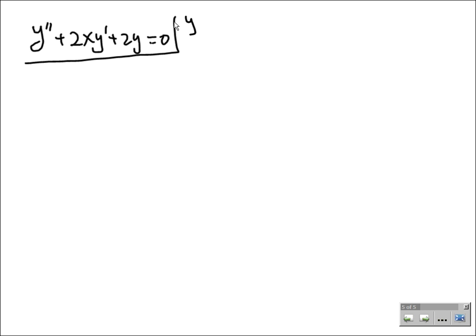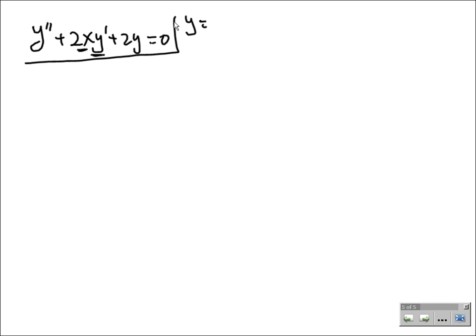Okay, so let's consider this problem. y double prime plus 2xy prime plus 2y equals 0. And now this has x and y primes, so we can't use the technique of our last section.